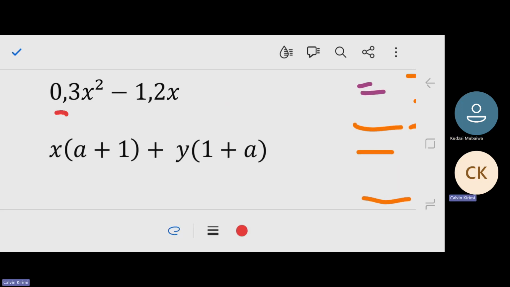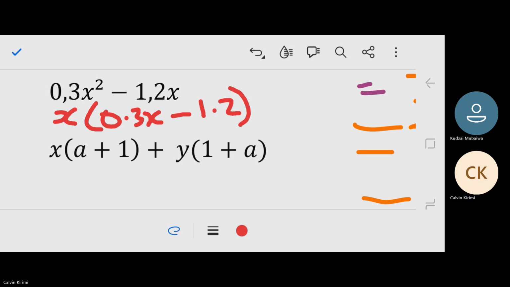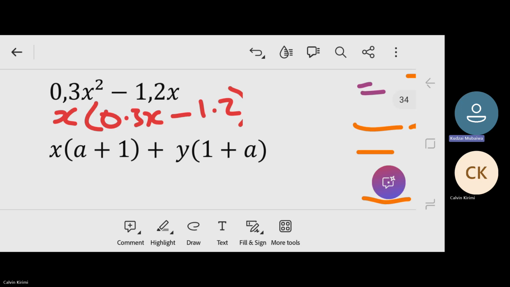You got x bracket what? 0.3x minus 1.2, like this. Yes, sir.